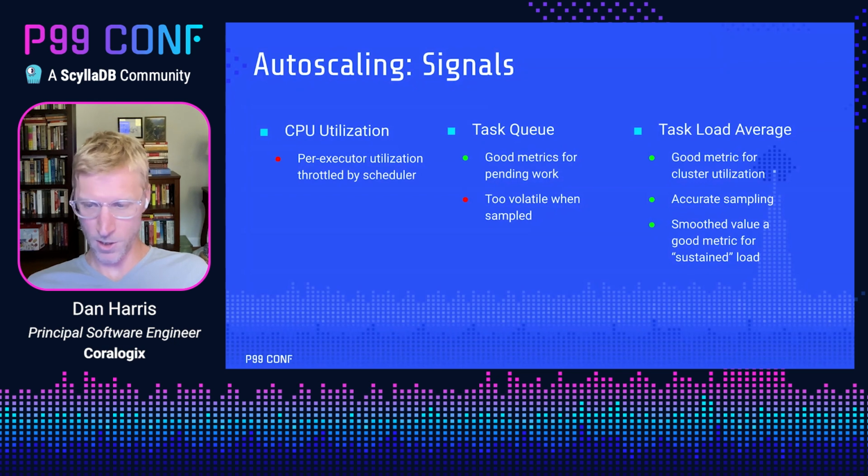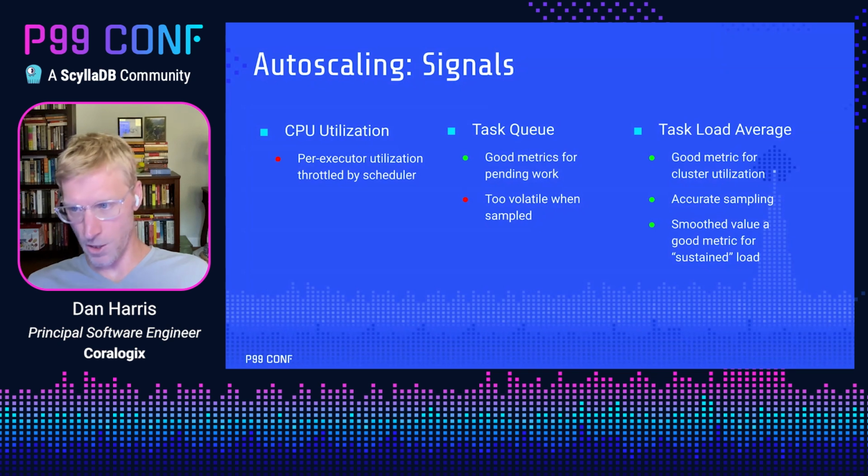This is very similar to the CPU load average you might see if you're trying to see how hard a server is working. It's basically taking, over a given time period, the average of the number of task slots on executors that are occupied divided by the total number of task slots.